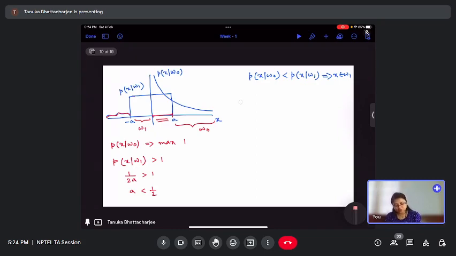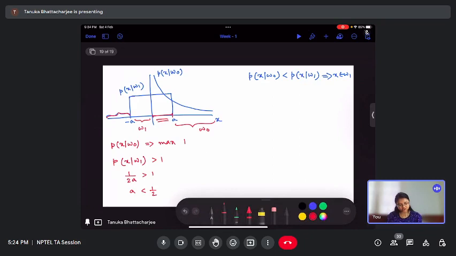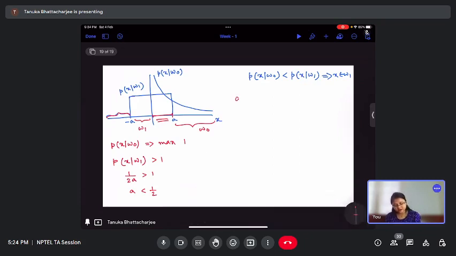So, there were two conditions. The first condition that we considered is a less than half. In that case, you are assigning this also to omega 1. So, if your x is less than or equal to a, then you are assigning x to class omega 1. If your x is greater than a, you are assigning x to class omega 0.